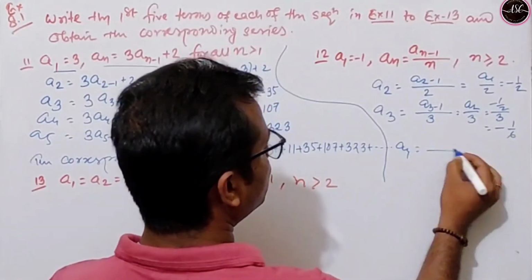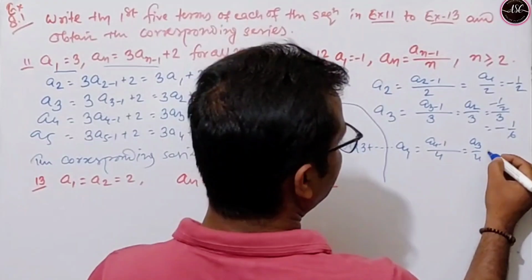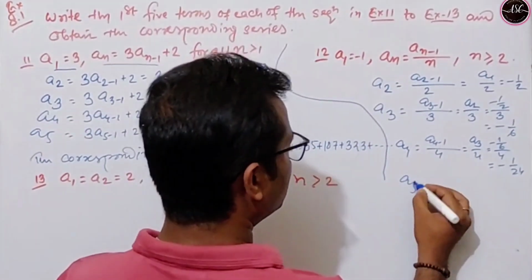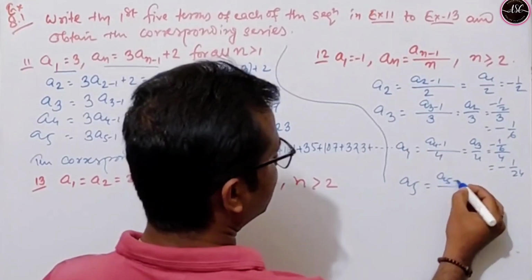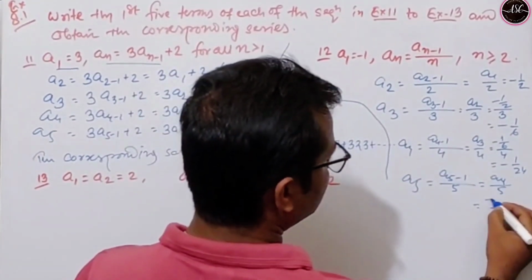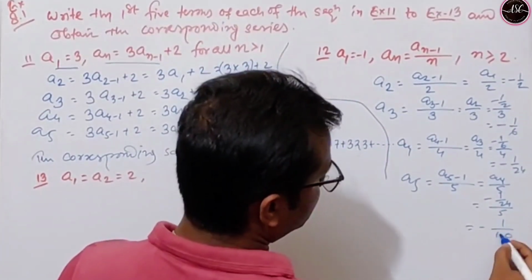And A4 equal to A4 minus 1 by 4, that means A3 by 4, that means minus 1 by 6 by 4, that means minus 1 by 24. A5 equal to A5 minus 1 by 5, that means A4 by 5, that means minus 1 by 24 by 5, so minus 1 by 120.